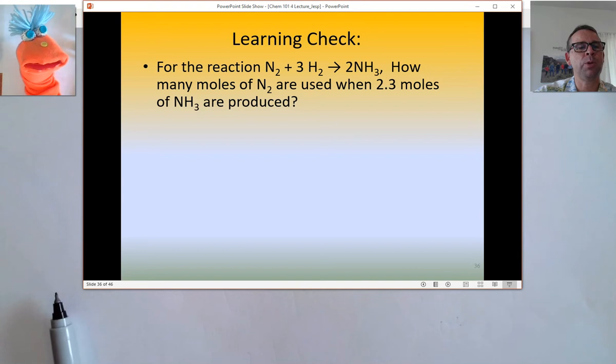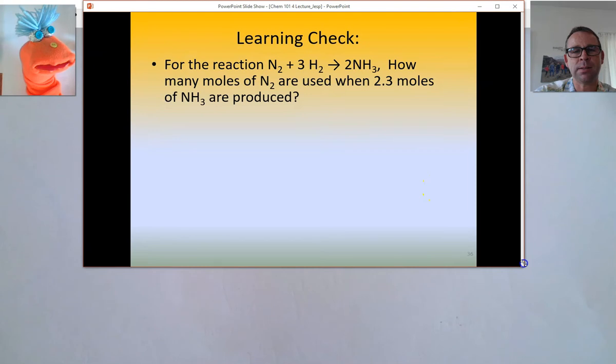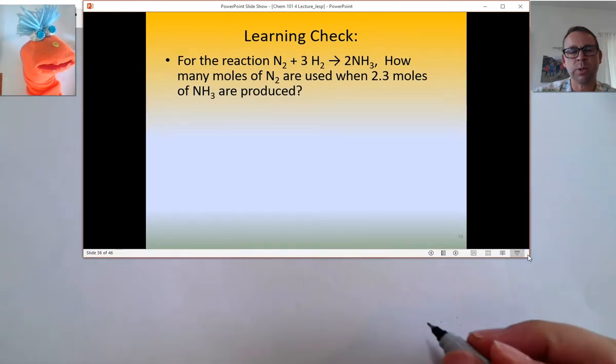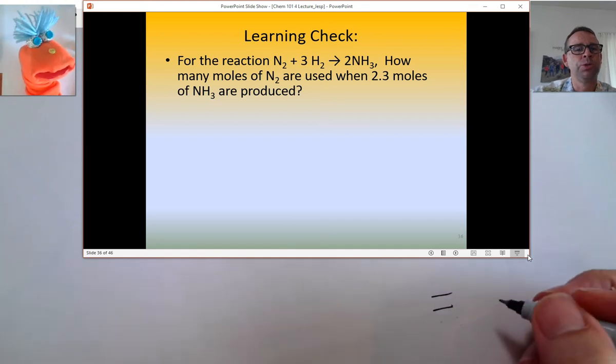So, how many moles of nitrogen are used when 2.3 moles of ammonia are produced? Do you just divide it by 2? Well, that's a good point. That might be the answer, but we always want to use our dimensional analysis to kind of ensure that we can understand what's going on. What goes to the right of our equal sign? What are we looking for? Moles of nitrogen.